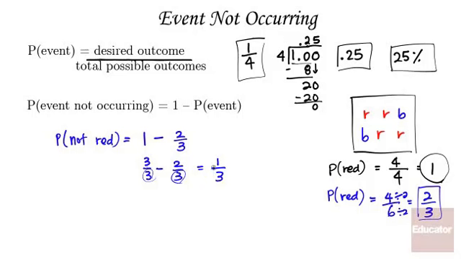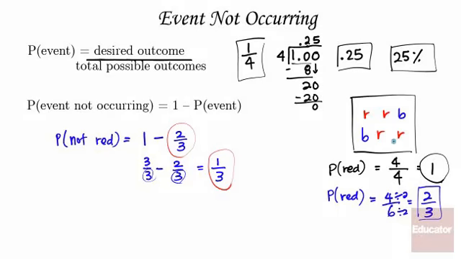So, another way to explain this: the probability of picking a red is 2/3, right? The probability of not picking a red is all the rest of it, which is 1/3. Together, it's either red or not red, right?